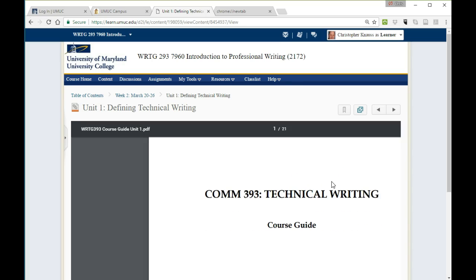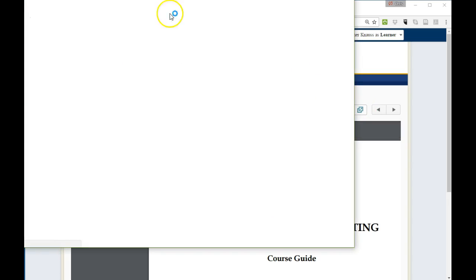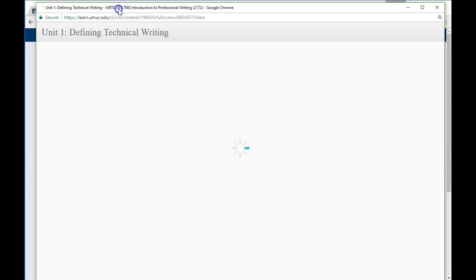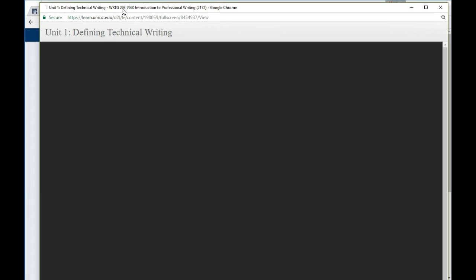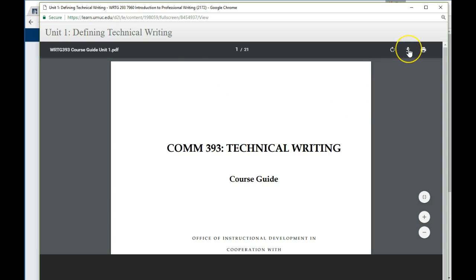So the best way I found to read it for me is to click on this tab, and it comes up, and then you can download it onto your tablet or your computer and read it that way.